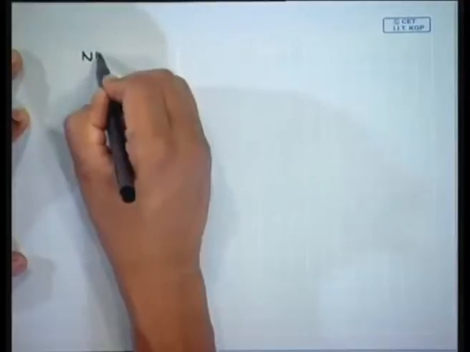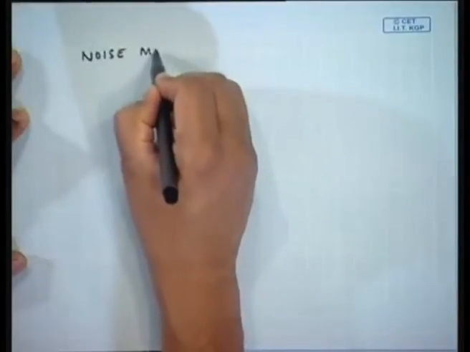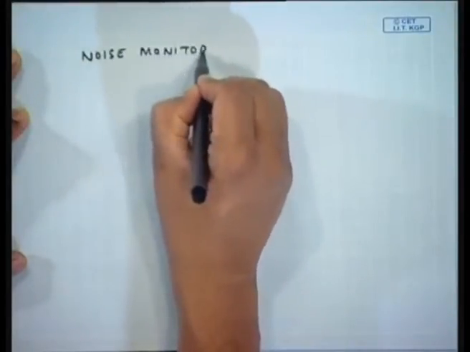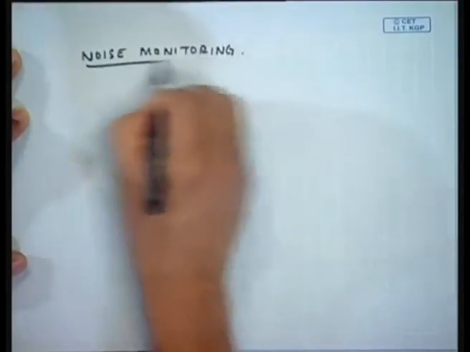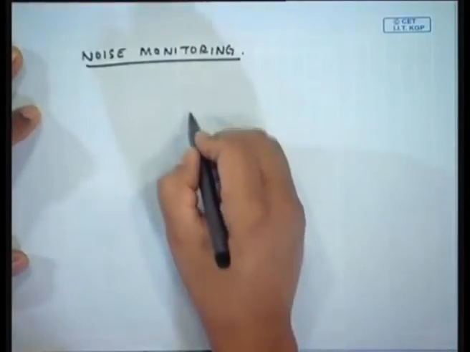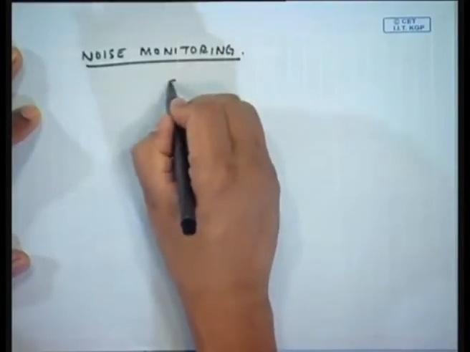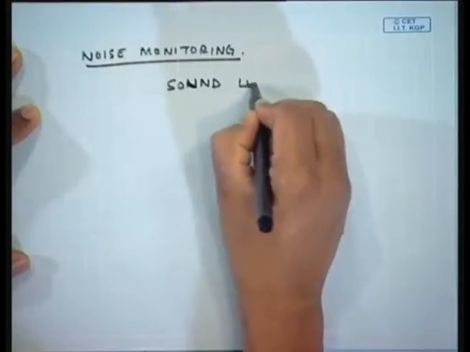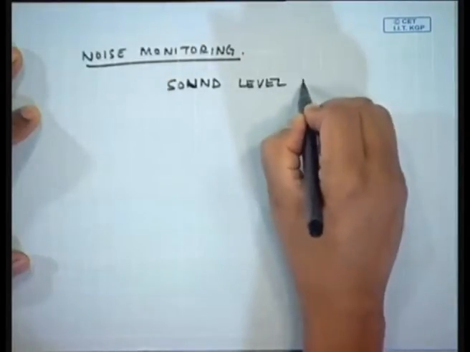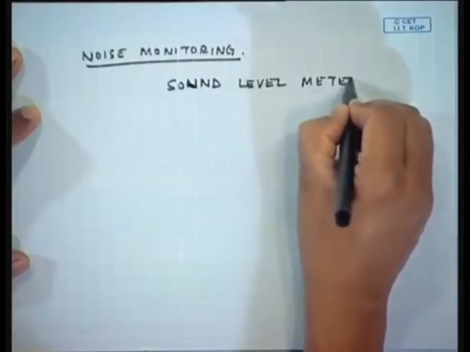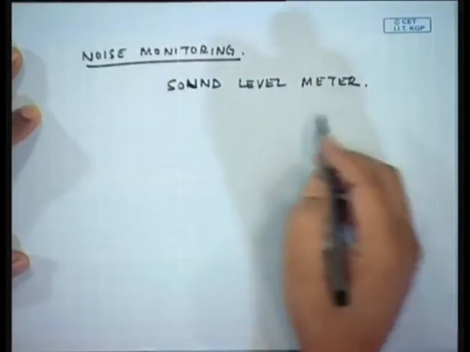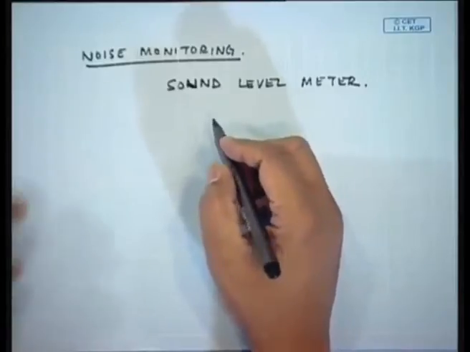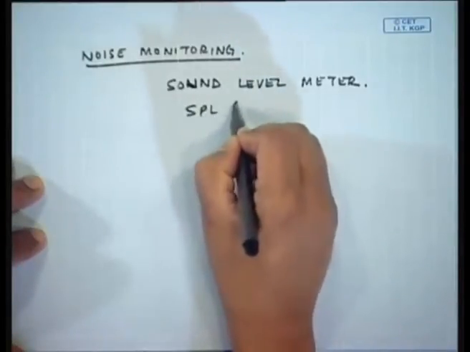Okay. So, always a check, and then there are certain ground rules when you do noise monitoring. Measurement is done by a sound level meter, which has a microphone and a built-in microprocessor circuitry, which gives the SPL in decibel.